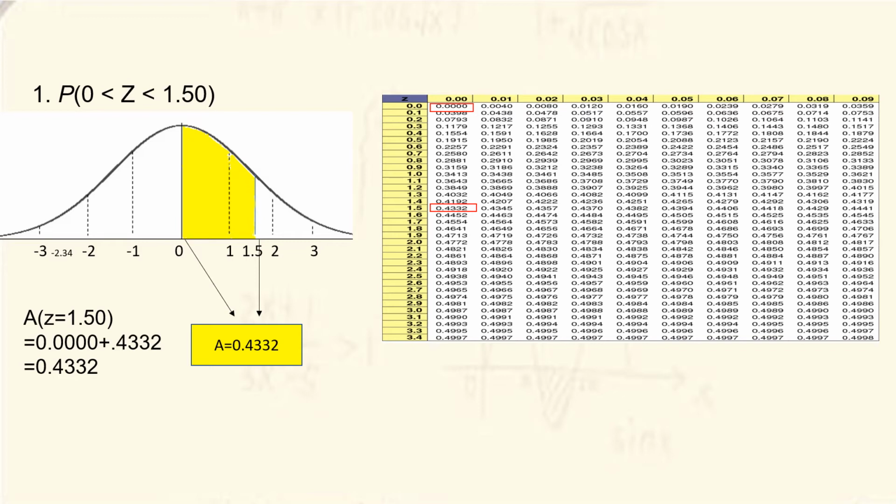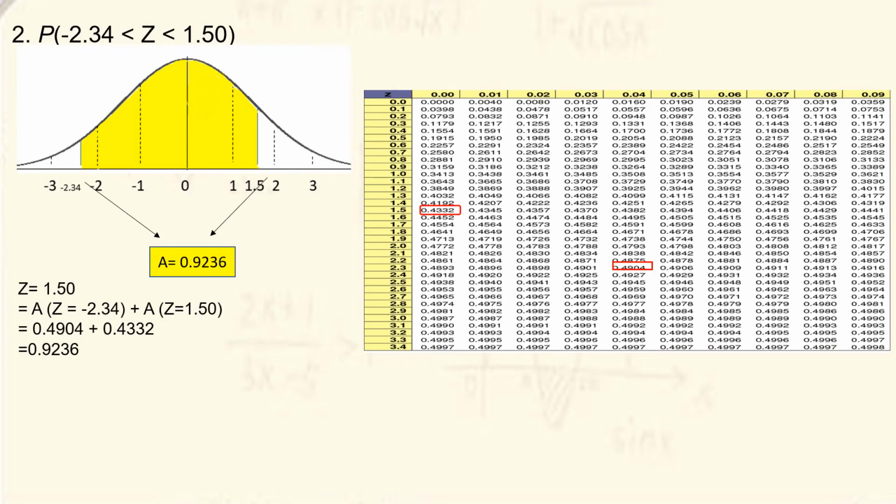So 0 is 0.0000, and 1.50 intersects at 0.4332. Second, we have to add 0.0000 and 0.4332, and the answer is 0.4332. Therefore, the area of the shaded region is 0.4332.